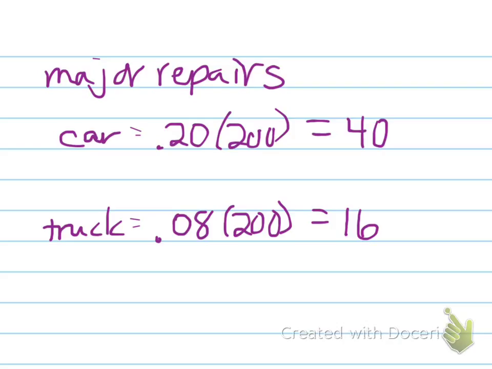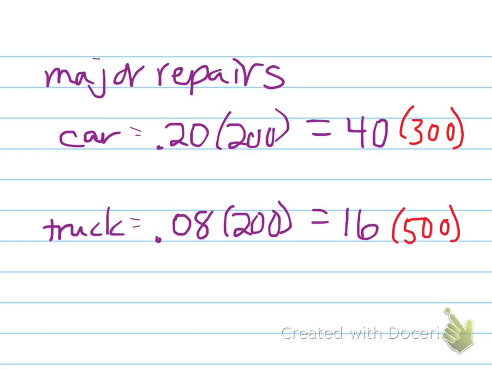Now what we'll need to do is find out the money involved. For a major car repair, it looks like we earn about $300, so 40 times 300. For a major truck repair, those are going to earn us about $500.